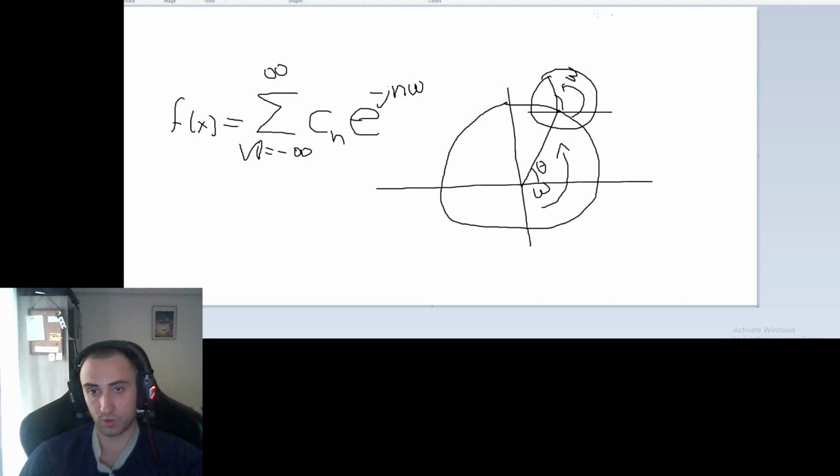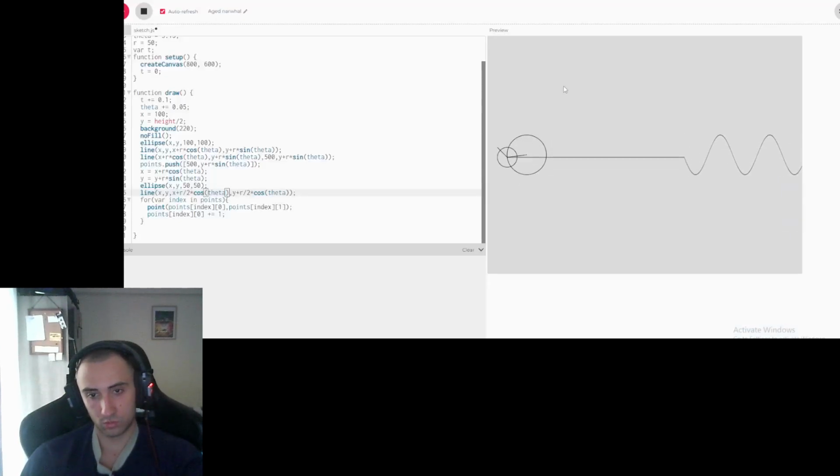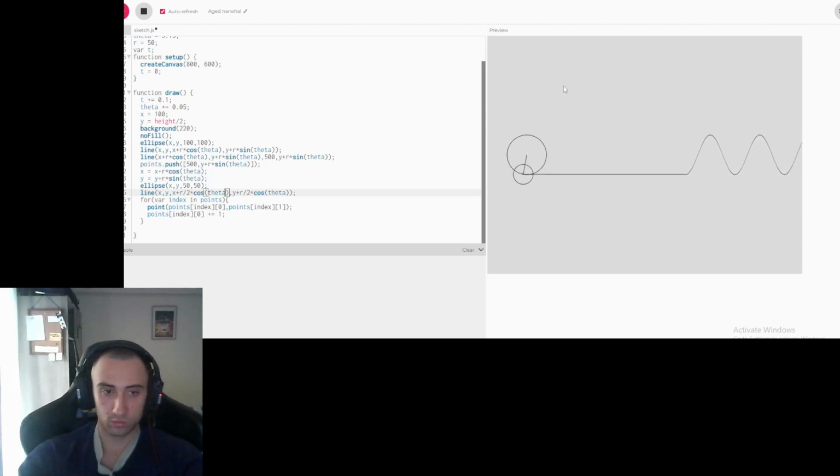So how is theta 1 and theta 2 related? So the speed is theta 1 plus theta 2 there.